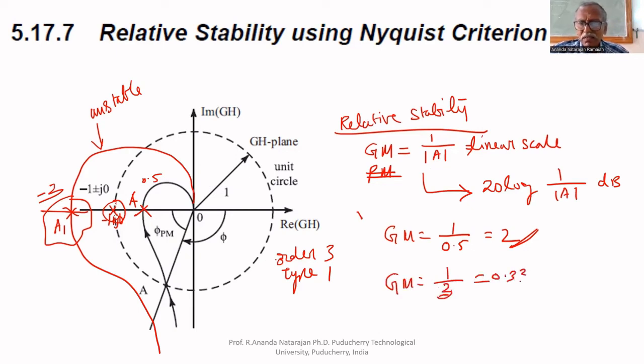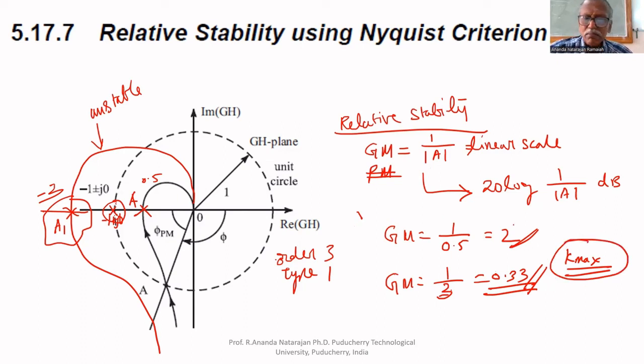That is 0.33. It means if you reduce the gain by the factor 0.33, the system will be on the verge of instability. So already the gain is greater than Kmax. If you reduce the gain by the factor 0.33, then the system becomes on the verge of instability. If you further decrease, the system becomes stable.